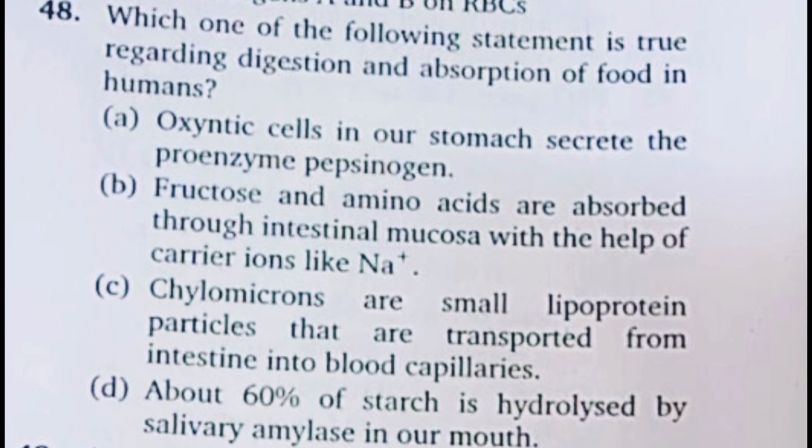So from this, the right one is option number B, that is fructose and amino acid are absorbed through the intestinal mucosa with the help of carrier ion like sodium.